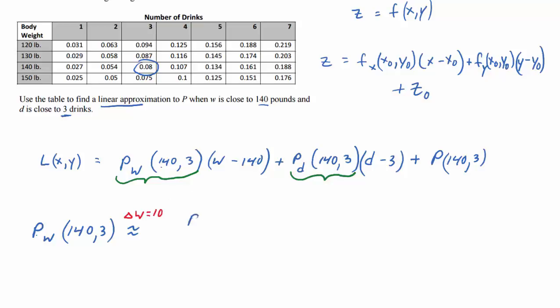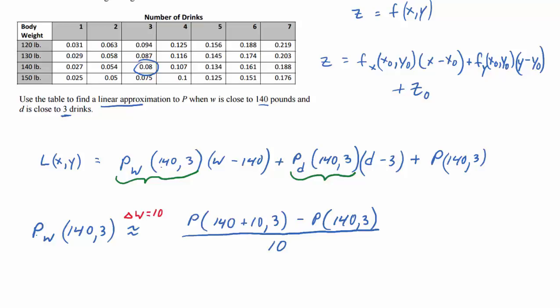So it would be P of 140 plus delta W, which is 10, comma 3, minus P of 140, 3, all over delta W, which is 10.